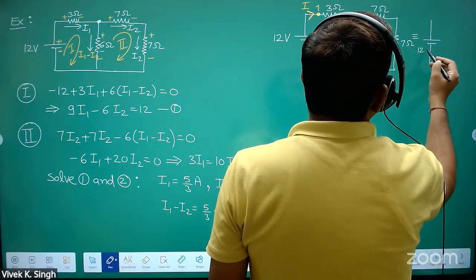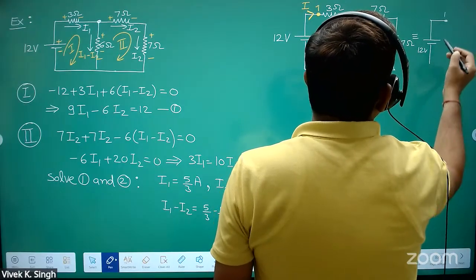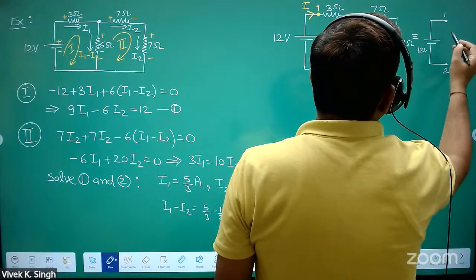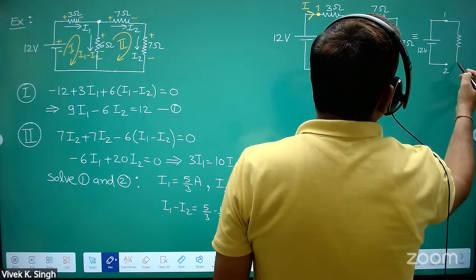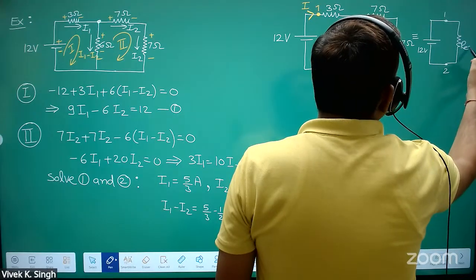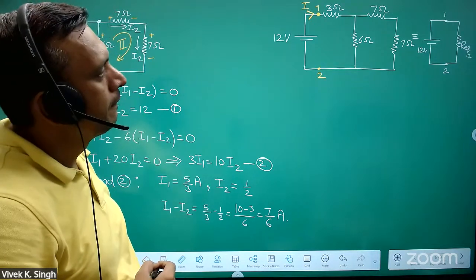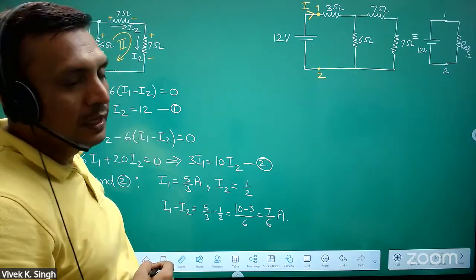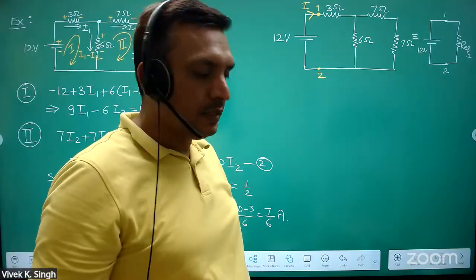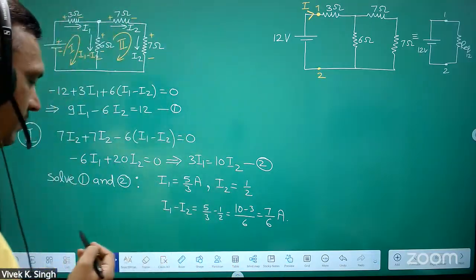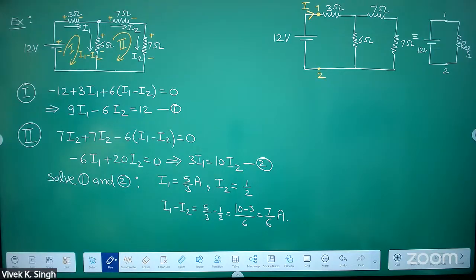This is 12 volt, this is point 1, this point is 2, and what will be the equivalent resistance between 1 and 2? Okay? So you have to see which resistance is in series and which is in parallel. Let's calculate. Try to calculate it.